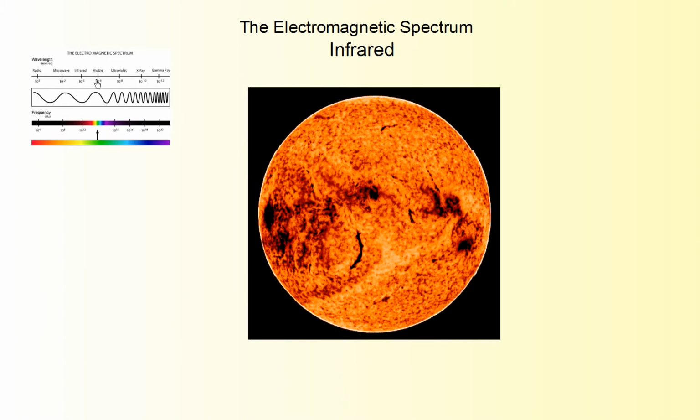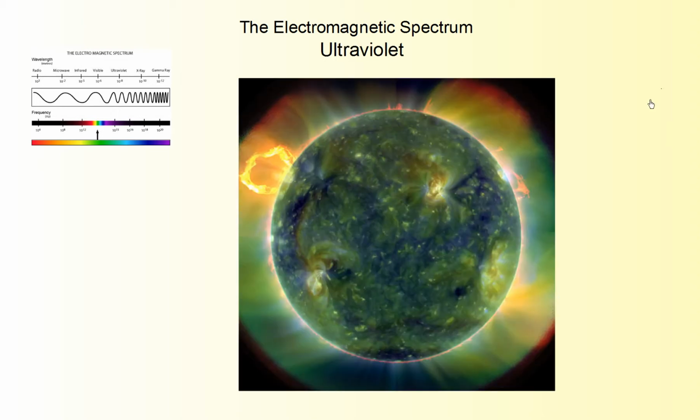So there's infrared. Then of course there's visible. No need to go over visible because you see it every day. You've seen it basically since you've been born. So let's go to ultraviolet. Now this is a picture of the sun in ultraviolet, but there's a lot you can learn about ultraviolet, and as you can see, this is a range, so you can have very specific wavelengths within that range.